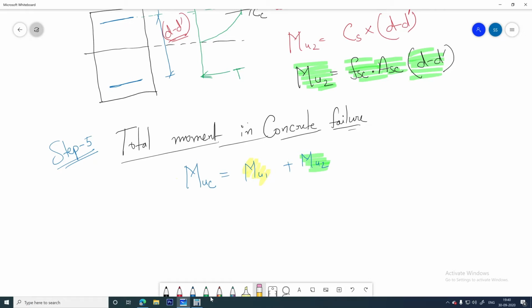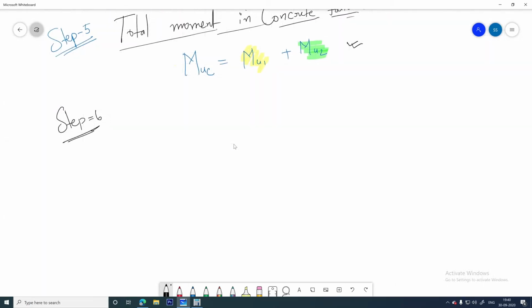So in step 5 let us determine this MUC, so we can determine this, right? It is very much clear. Now step 6. In step number 6 we need to determine the AST2.